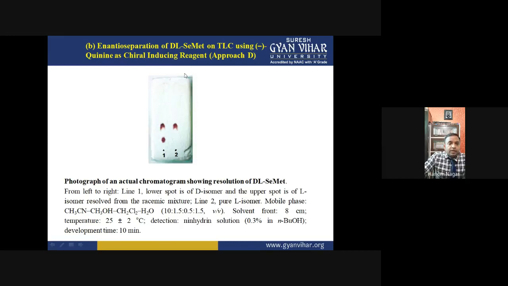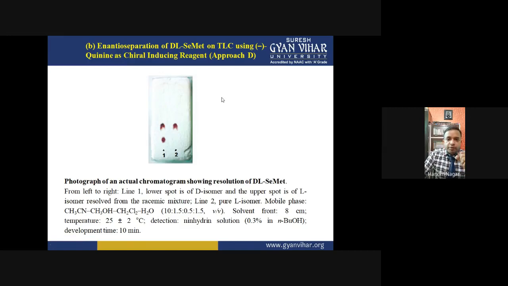Now, enantiomeric separation of DL-selenomethionine on TLC using minus quinine as the chiral inducing agent. So this is approach number D. Here we used minus quinine as the chiral inducing agent. For this approach, we mixed DL-selenomethionine and minus quinine in a solution.